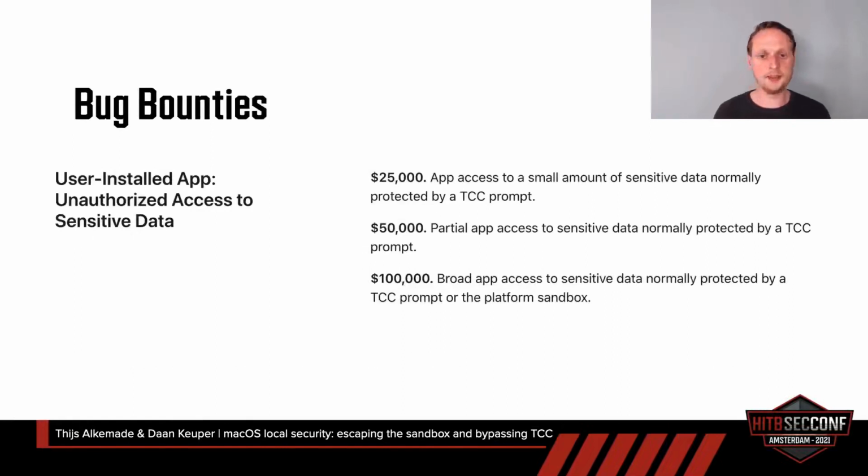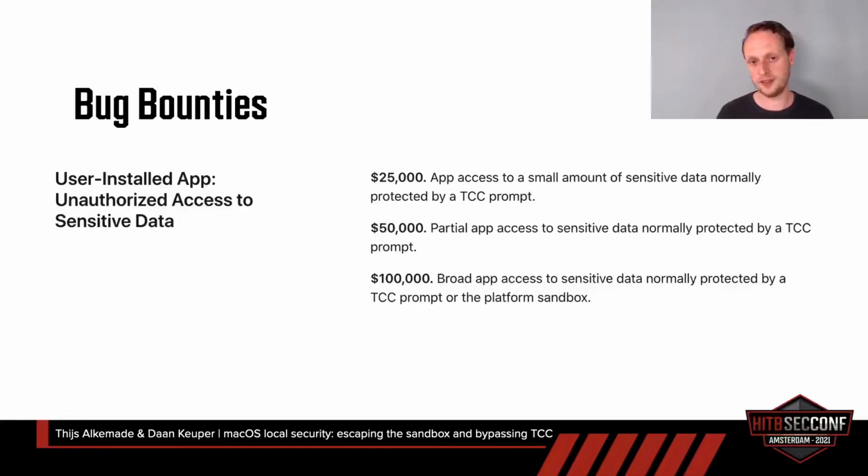So if you look at how important Apple considers those protection mechanisms, you can of course look at the amount of bug bounties they are willing to reward for vulnerabilities circumventing those protection mechanisms.